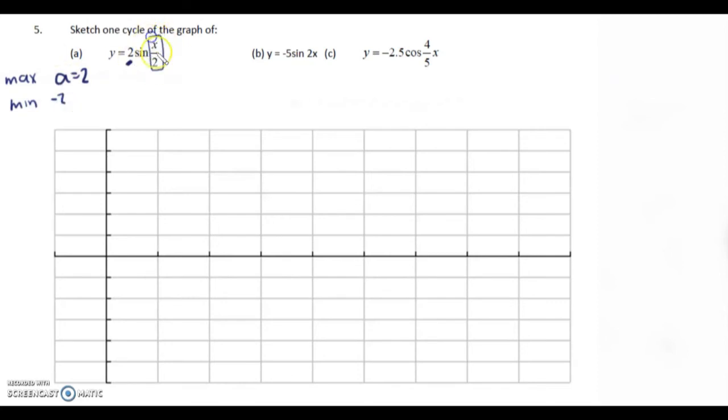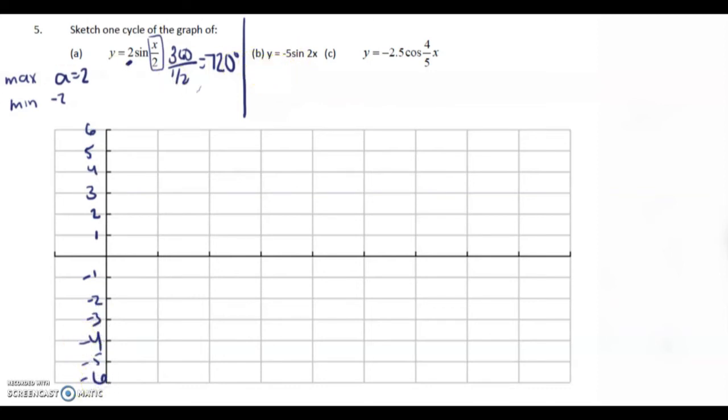Okay, and we have a 1/2 x. So if we took that 360 and we divided by 1/2, the period is going to be 720. Okay, so let's go 1, 2, 3, 4, 5, 6, -1, -2, -3, -4, -5, -6.